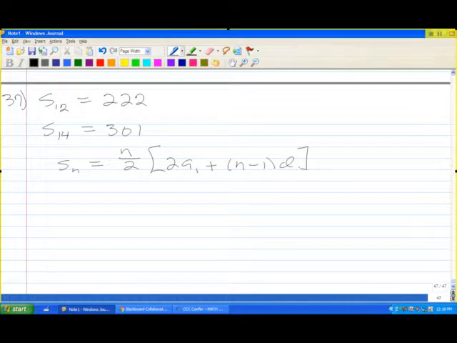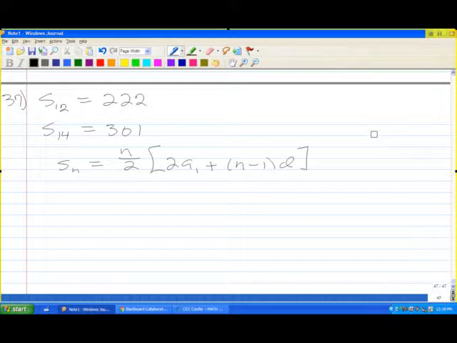If I used a1 plus an and plugged in 12 and 14, I'd get a12 and a14, so I'd have 2 equations and 3 unknowns, and that's not going to work.